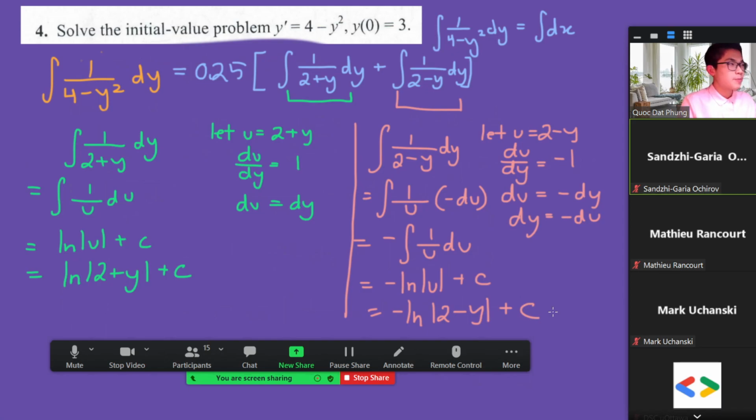Okay, so after we differentiate it, we should put it back into our formula. So we have this, we're gonna replace it into there.